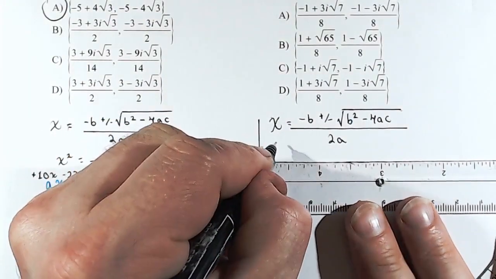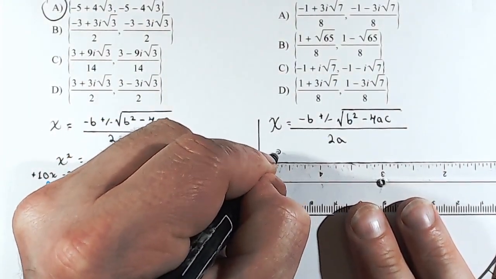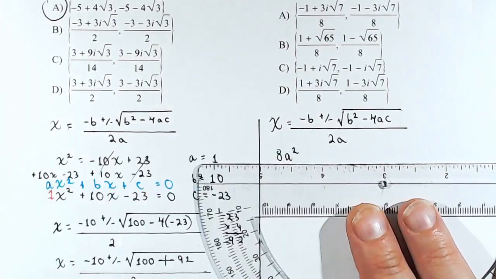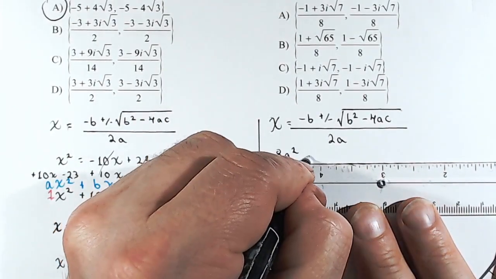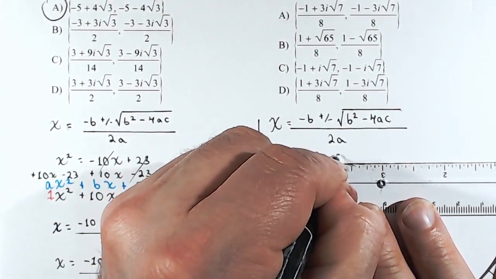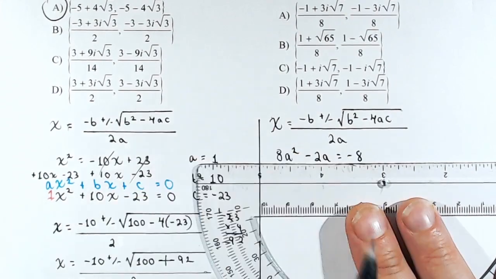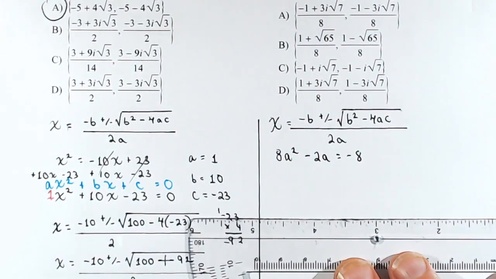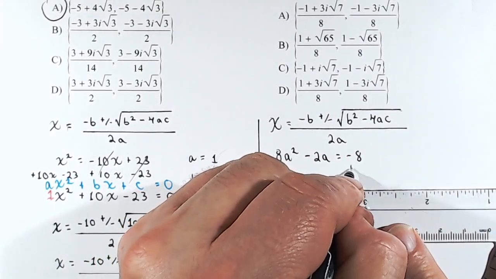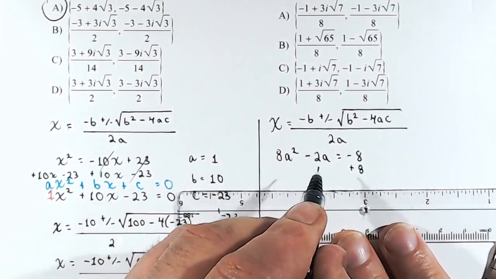Okay, so let's write what we were given. 8a squared minus 2a equals negative 8. All right, so this is not in standard form. All we have to do is add 8 to both sides.